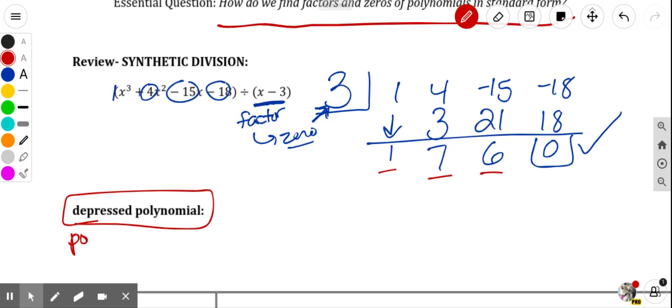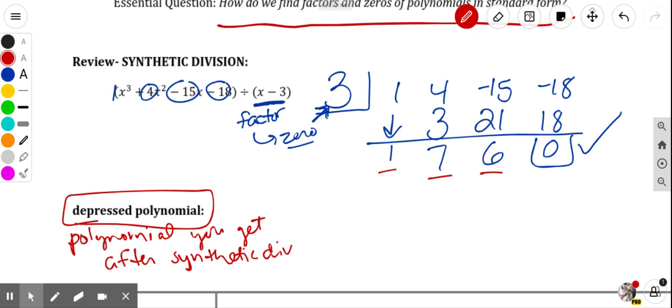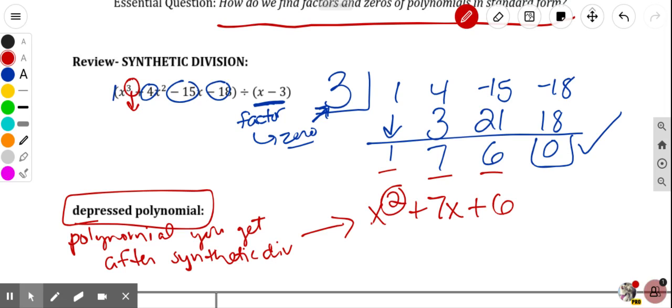So this one would be x squared plus 7x plus 6. It's called the depressed polynomial because the exponent is determined by going one down from 3. So that's why it's 2.